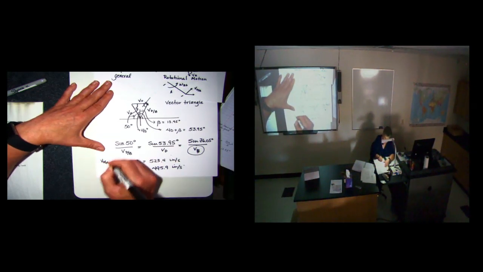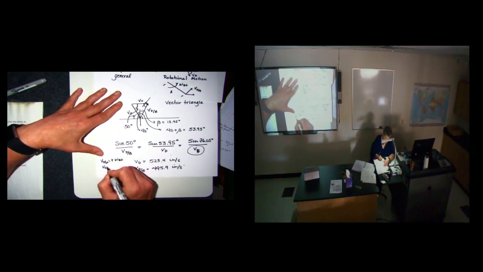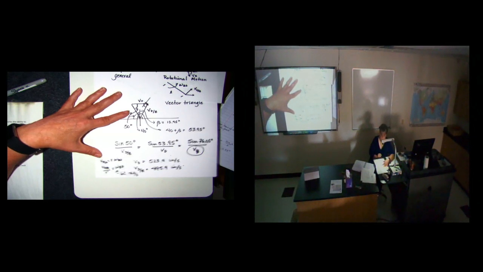So what we did was we looked at the translational plus the rotational motion to help us solve the problem. And that's where we're looking at and where we're approaching other problems, because what we're going to end up doing is solving problems that look kind of like this.